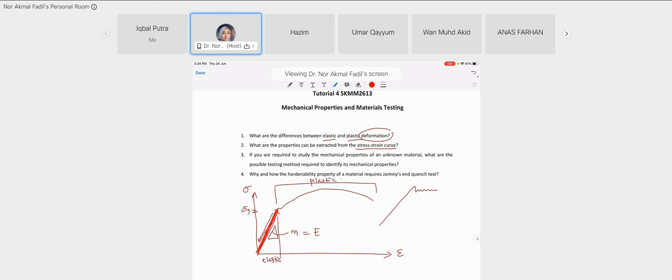Proportional limit we usually use to measure the Young modulus. Sometimes it's almost similar, but usually we use this to measure the Young modulus. Yielding means it has already gone into the plastic deformation. The difference is small.